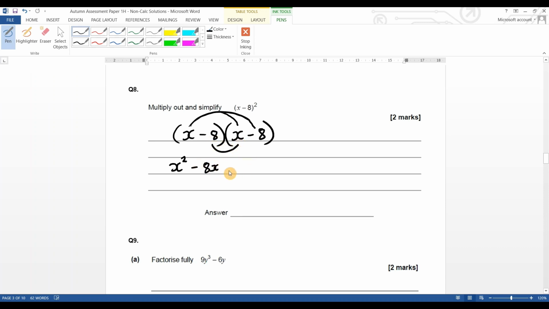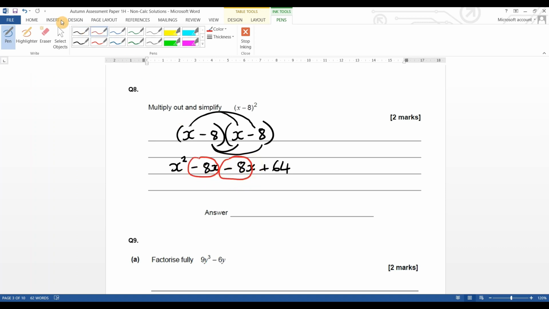This one with this one, another minus 8x. This one with this one, negative times a negative is going to give you a positive. 8 times 8 is 64. And simplify it. This goes with this.